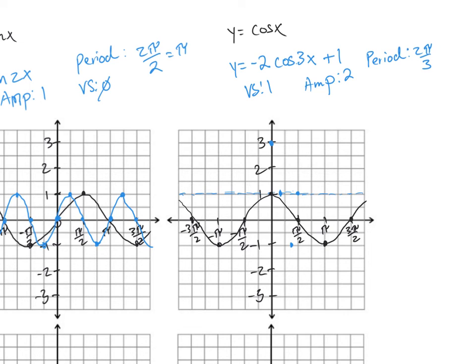That goes there. And then the next one would be 2 pi, that's 360 degrees. 360 degrees divided by 3 gives me 120 degrees. It's not quite 135 degrees. It's kind of up here.